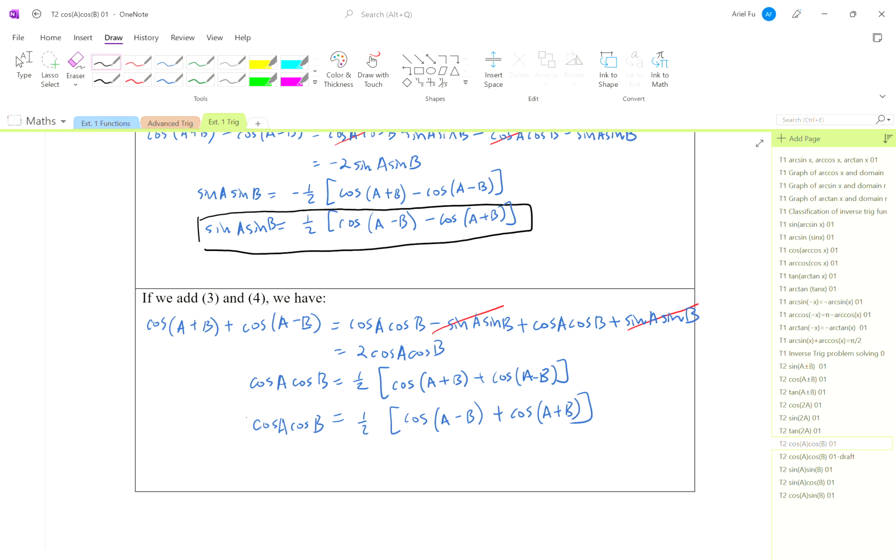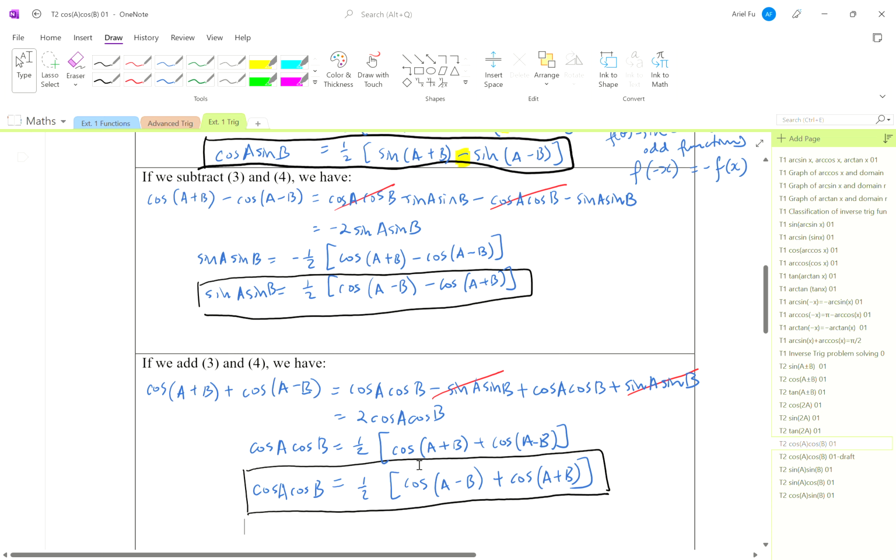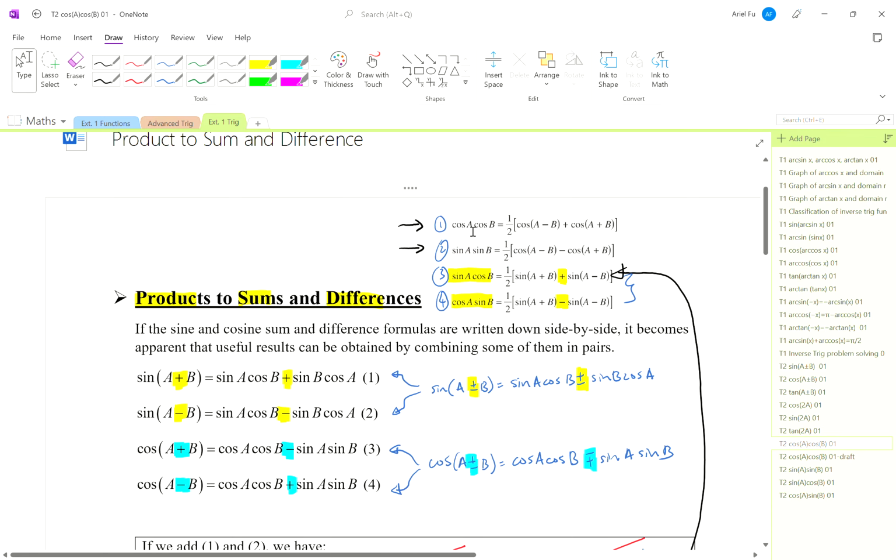And that is the last one of the product to sum and difference formulas on your formula sheet. Okay, so that's this one, the first one you're going to come across. Cosine A cosine B equals half of cosine A minus B plus cosine of A plus B.